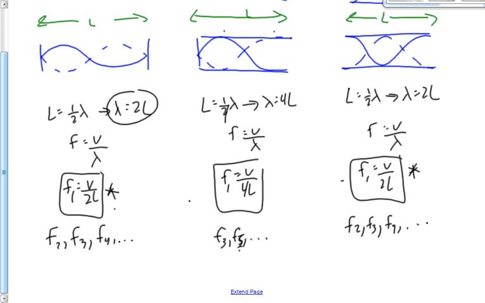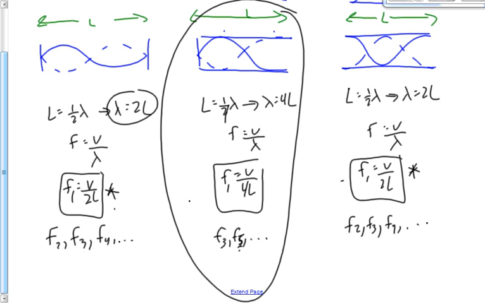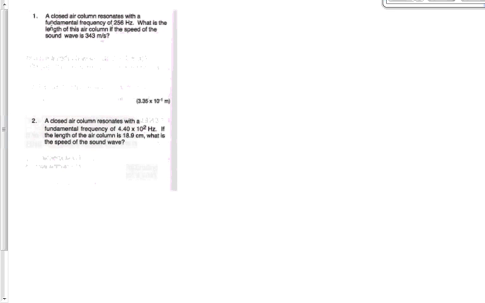You had some questions over the weekend on this stuff, when you had a closed air column where one end was open and one end was closed. It was that second worksheet, and you had questions 1 through 8. Are there any issues with those questions? Yep, 5. Any others besides number 5?